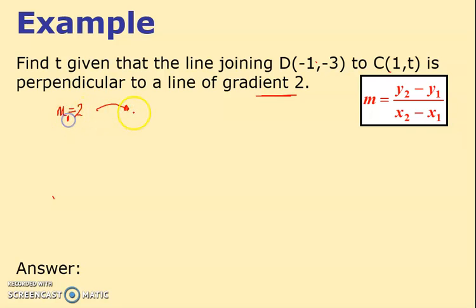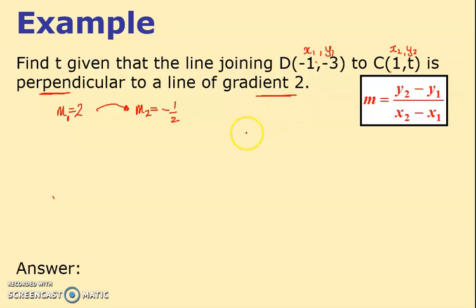That's the first one. m2 then, I think, is, well, you turn it upside down and put a minus in front of it, so -1/2. This is what the gradient of these two points has to be, because it's perpendicular to the line of gradient 2. So if this is true, this is going to be x2, y2, and this one's the x1, y1.